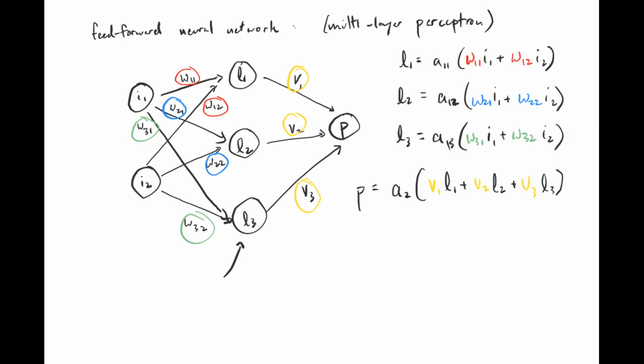So this is known as a hidden layer. Your first transformation, and all the layers that are in between your input and your final output, are known as hidden layers.